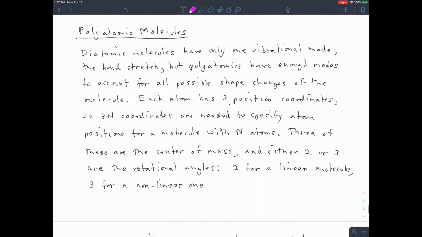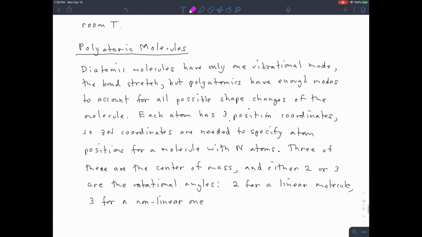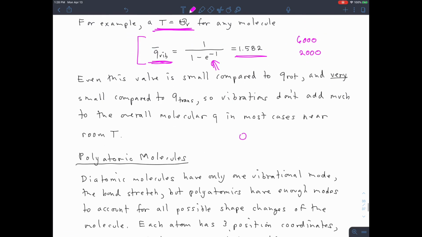All right, polyatomic molecules now. If I have a polyatomic molecule, let's take water, for example, or CO2 for that matter, 3 atoms in both cases. Then it takes 3 degrees of freedom, 3 position coordinates, to specify the location of every atom in the molecule, so a total of 9 coordinates altogether, or 3n coordinates altogether, for n atoms in the molecule.